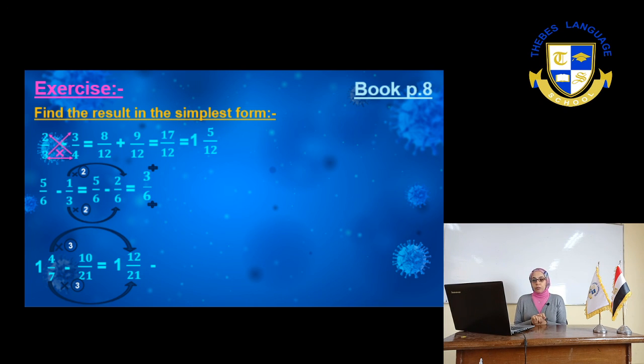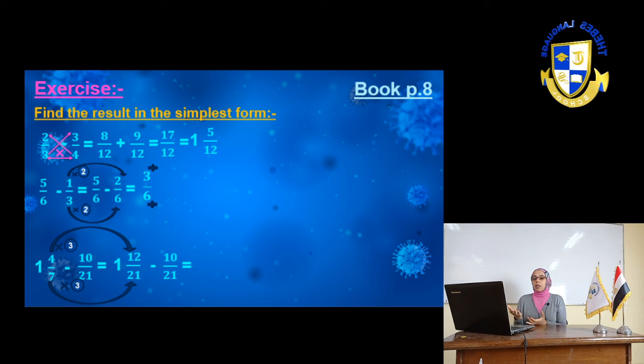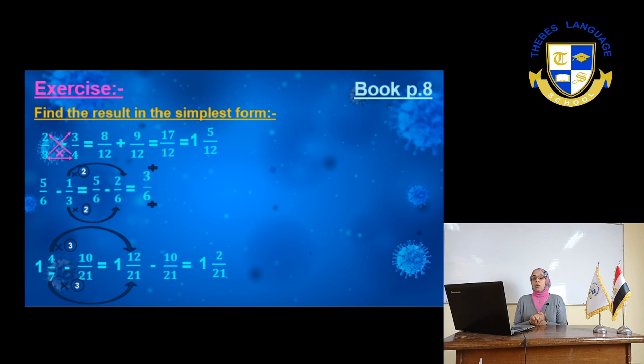Subtract 10 over 21. Now, 1 minus nothing equals 1. 12 minus 10 equals 2. And put 21 as it is. So the result will be 1 and 2 over 21.